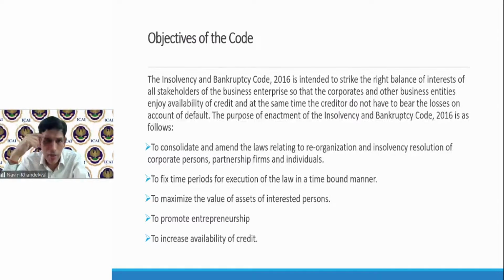Now, the fourth and fifth points are something which are very contradictory at times. Why should it promote entrepreneurship? I mean, on the one hand, we are talking about insolvency, and on the other hand, we talk about entrepreneurship. How is it correlated? So, friends, if you look from the entrepreneur's perspective, as I discussed in the initial part, he feels comfortable that entry and exit should be easy. Running a business is obviously my job, but getting permission to close down the business should be easy.